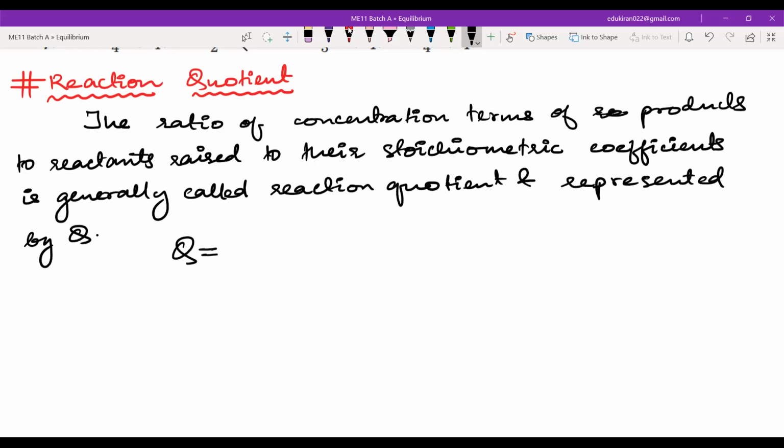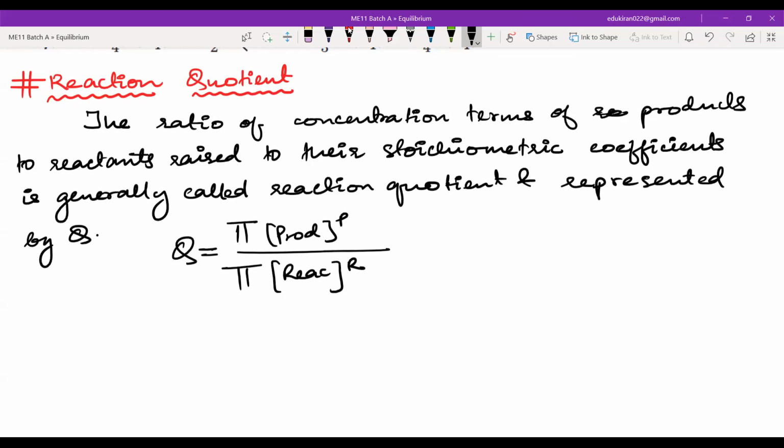So what is Q? Q is the same thing: the multiplication of the products, power P, divided by the reactants, power R. You may be thinking that it is similar to the equilibrium constant, but it is different. Why? In equilibrium constant, we have the concentrations at the equilibrium point.